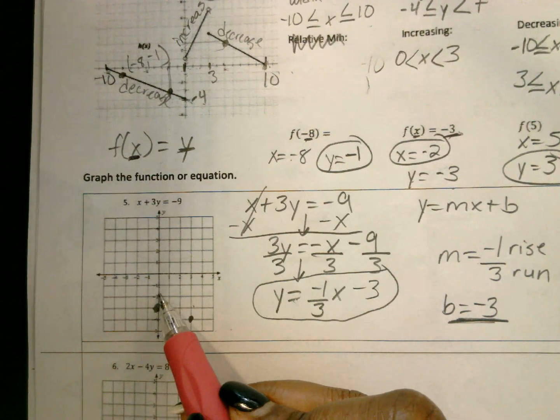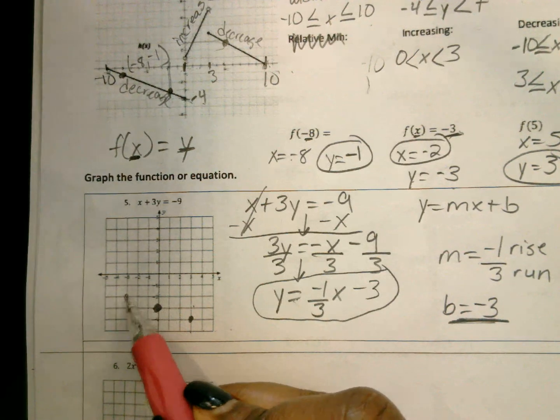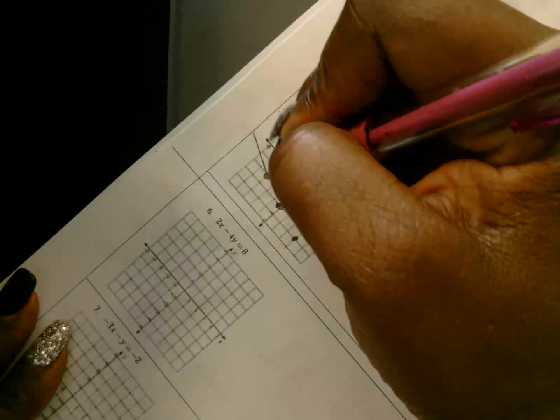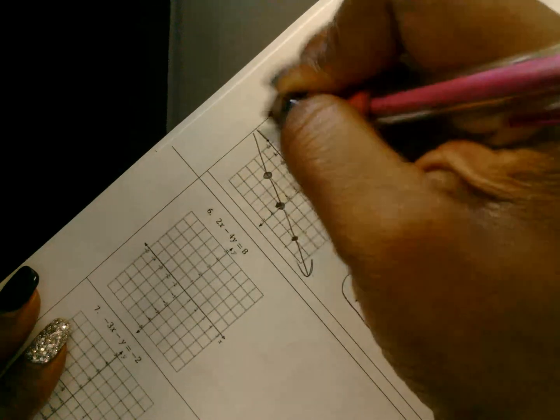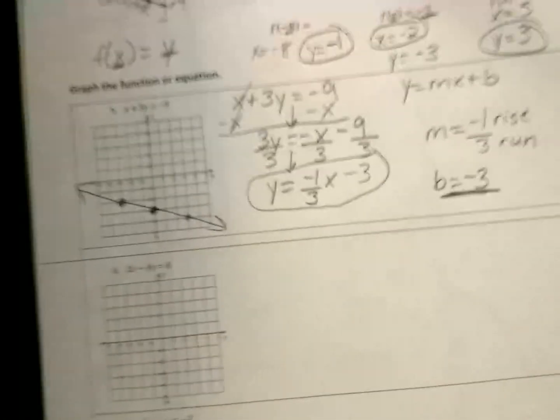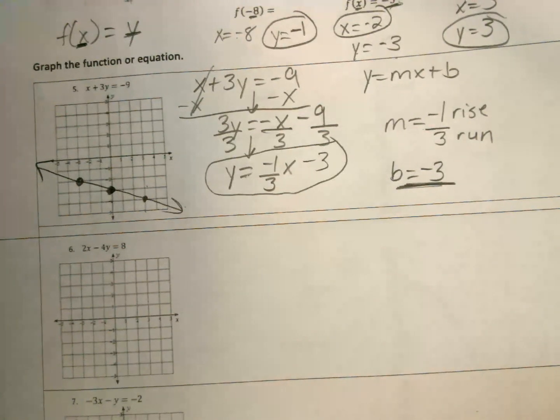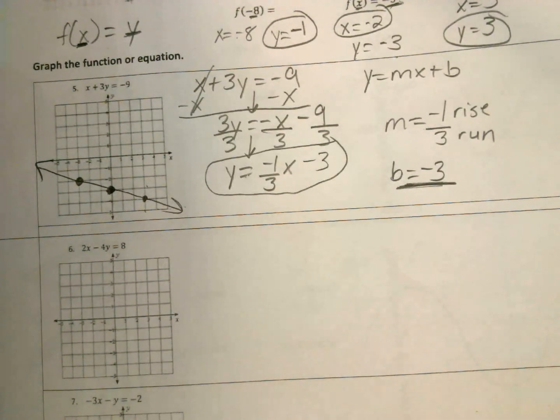Up 1 to the left. Until you run out of space. Now you connect your ordered pairs. This is your line. Any questions about that? Okay. Please do the next two on your own. Write it in slope-intercept form and then graph it.